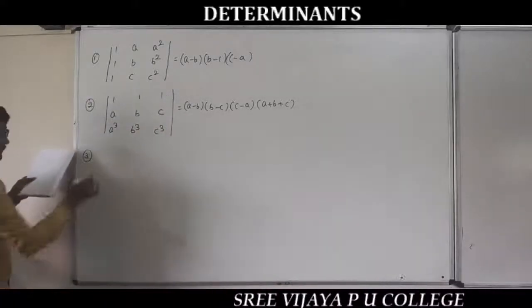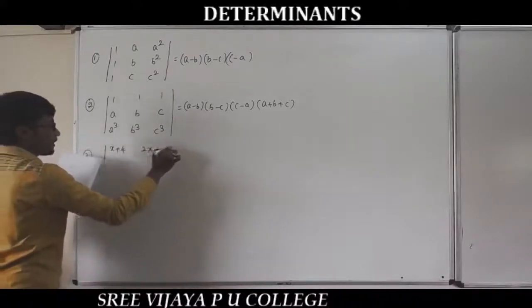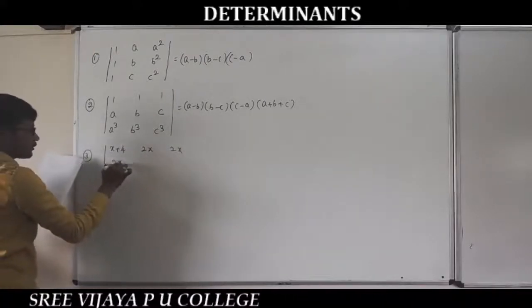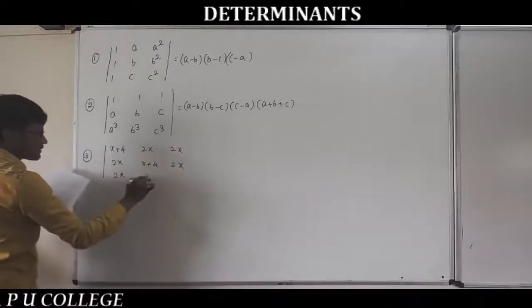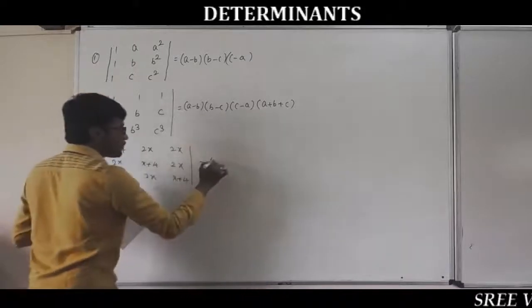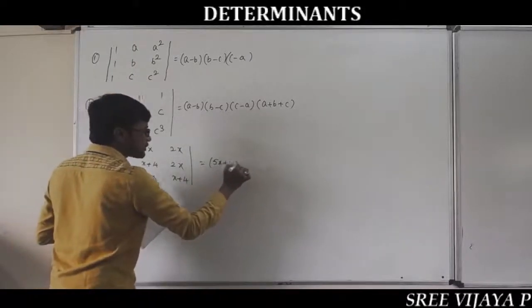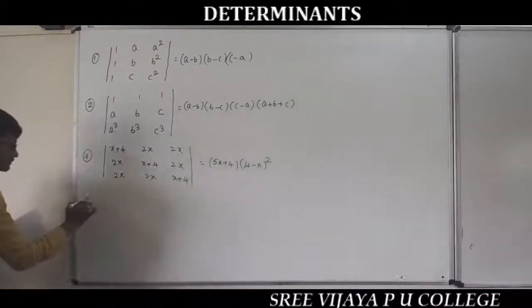Next, third question, determinant of x plus 4, 2x, 2x; 2x, x plus 4, 2x; 2x, 2x, x plus 4 will be equal to (5x plus 4) into (4 minus x) whole square.